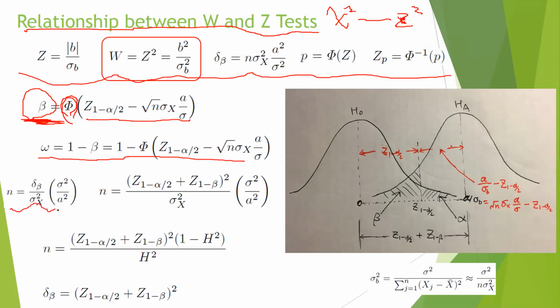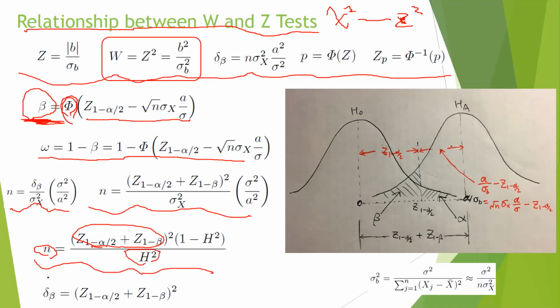We can use the standard normal distribution to calculate either the required sample size based on the heritability, or the non-centrality parameter. I drew this graph, it's not beautiful, hopefully you don't mind.